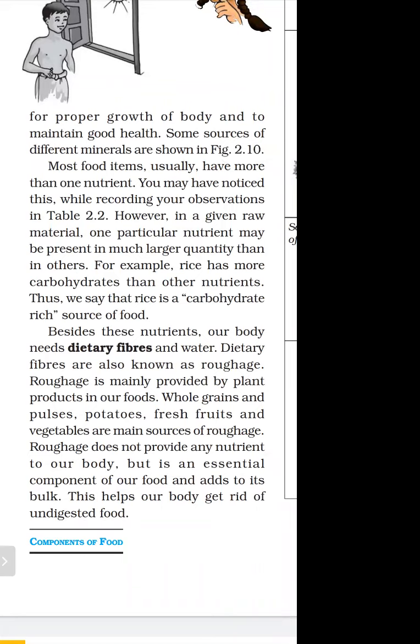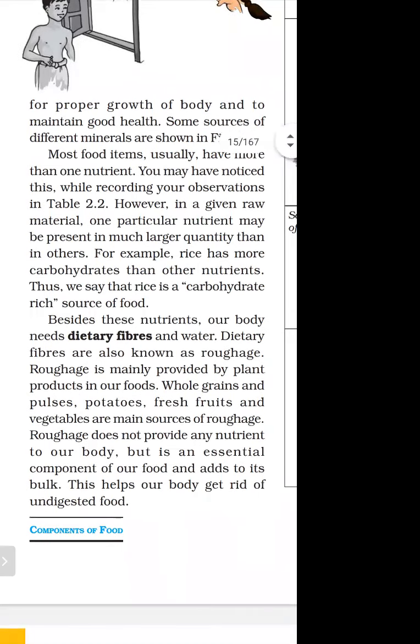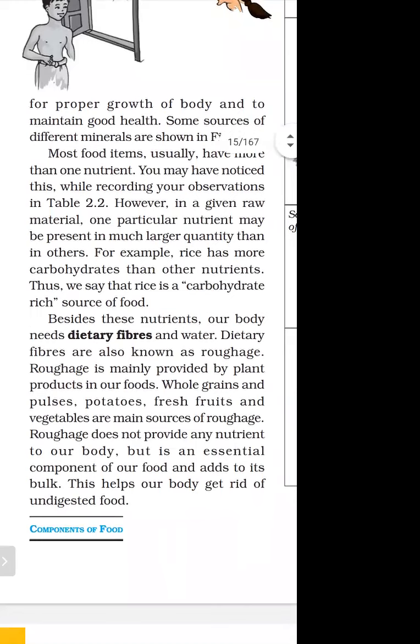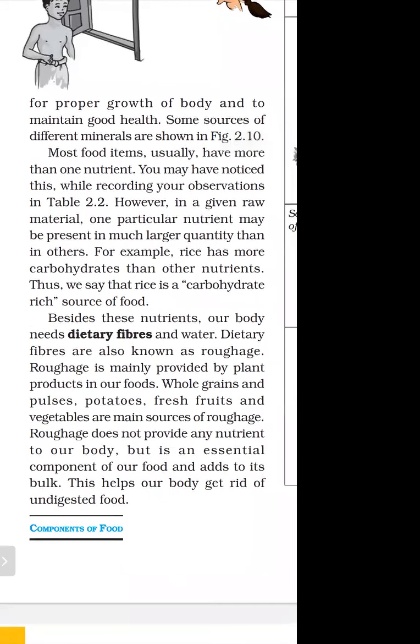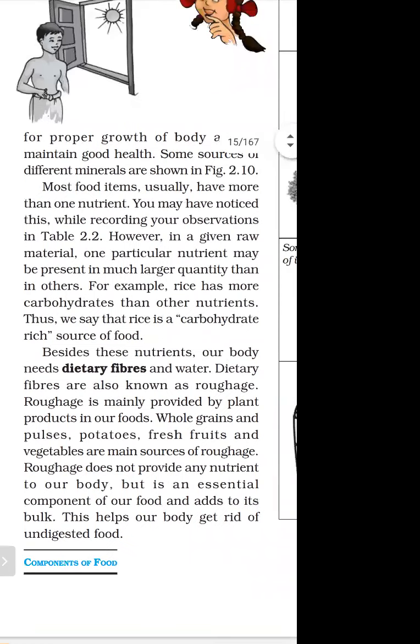Dietary fiber is also called roughage, and it can be obtained from whole grains, pulses, potato, fresh fruits, and vegetables. But roughage does not give any nutrient to our body.